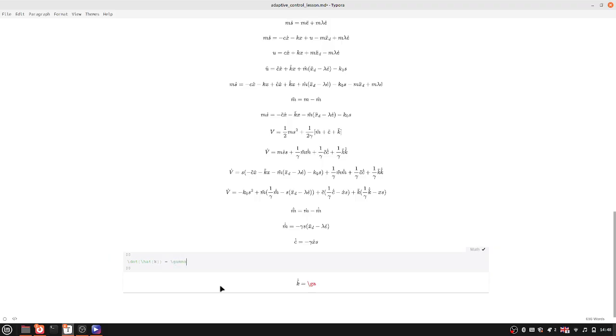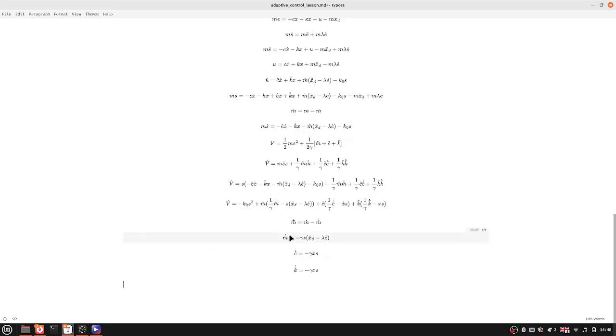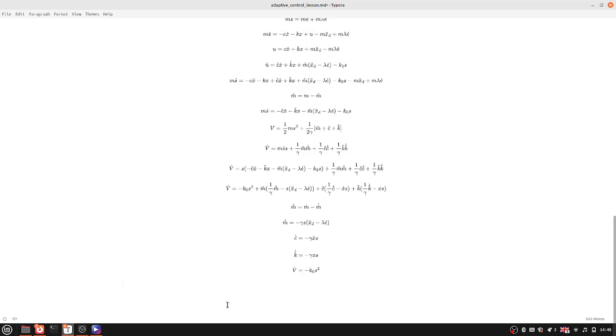It's going to be gamma X S, but remember the sign change, minus. There we go. So these are adaptive laws that we can make up. If we were to use these adaptive laws, these dynamics would make V dot go exactly to K0 S squared. And with this we can prove the stability.